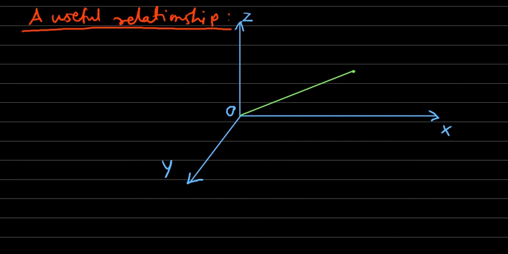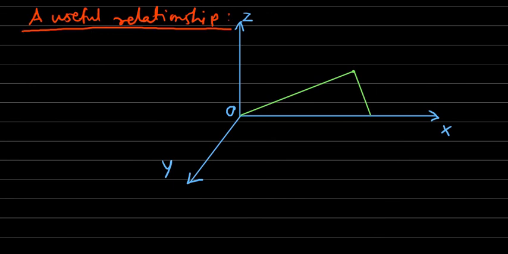From the point P we will draw a perpendicular on the x-axis. As this is a diagram of three dimensions and we are drawing in 2D, you have to visualize this in space. So we have drawn this perpendicular.